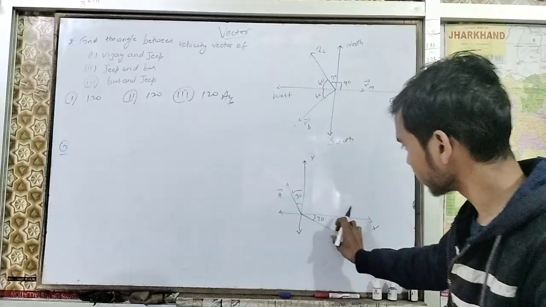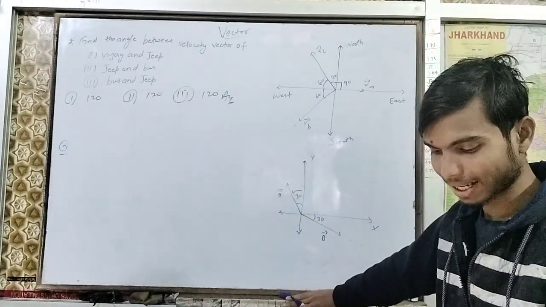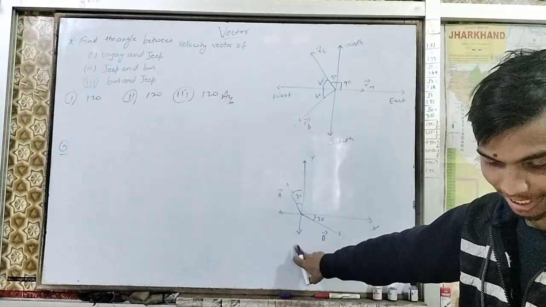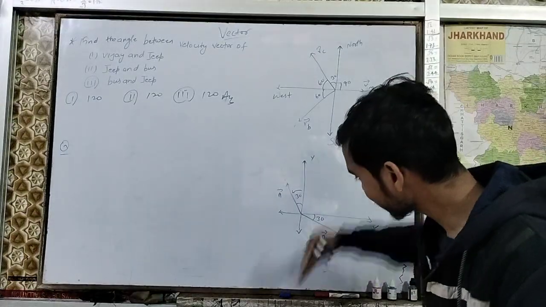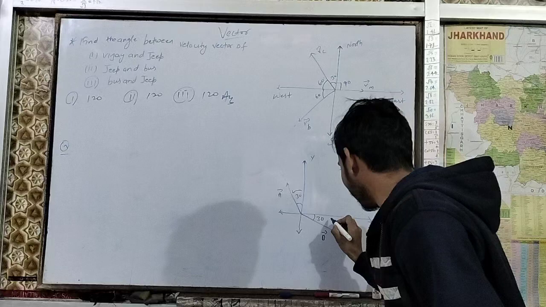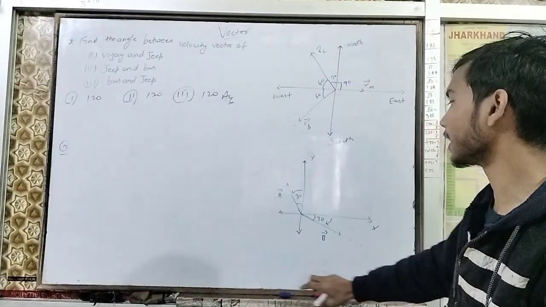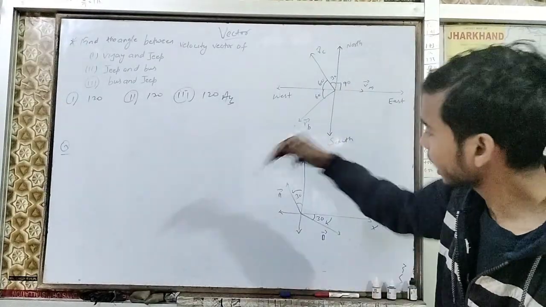Another vector B makes an angle of 30 degree with the x-axis, not with the y-axis, in the clockwise direction, in this direction. This means the B vector is rotating in the clockwise direction, and the A vector is rotating in the anti-clockwise direction.